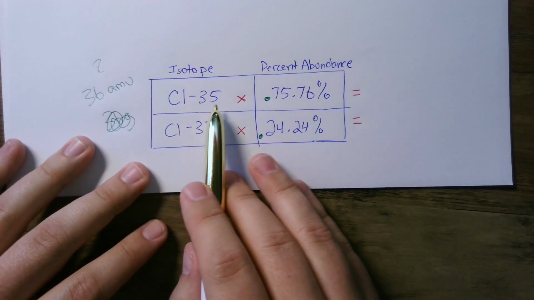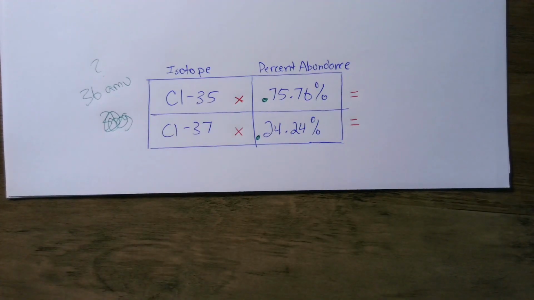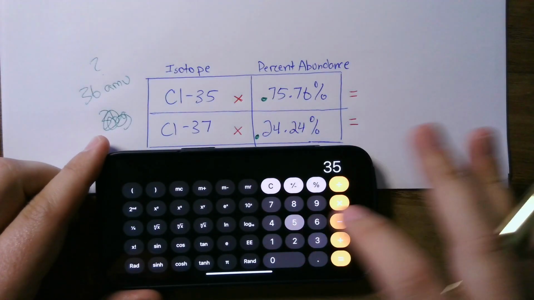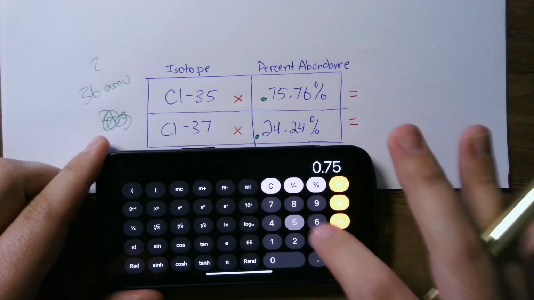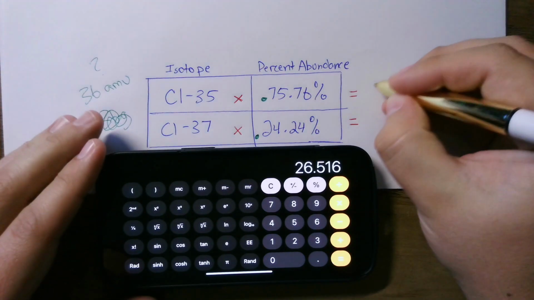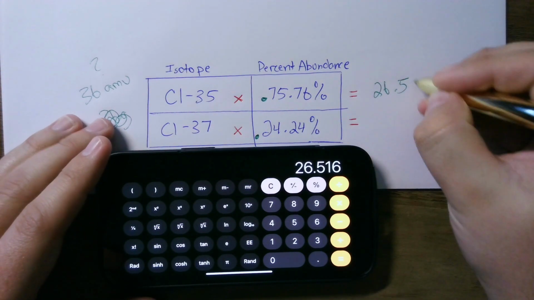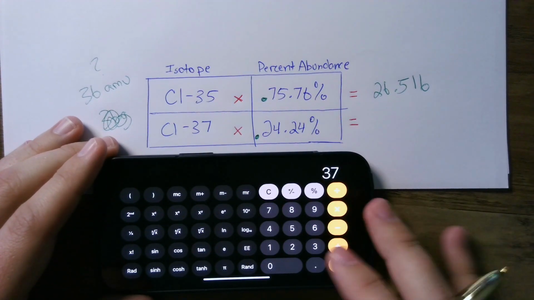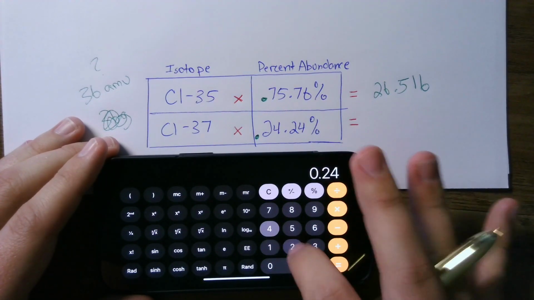So you're going to do 35 times 0.7576, or 75.76. Just remember to divide it by 100 later. And when I do 35 times 0.7576, I get 26.516.